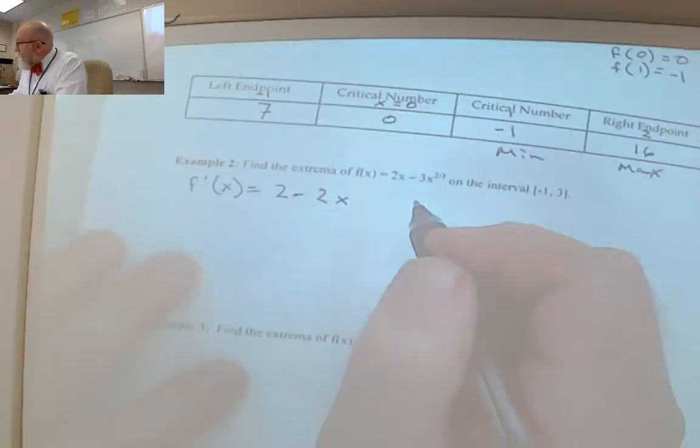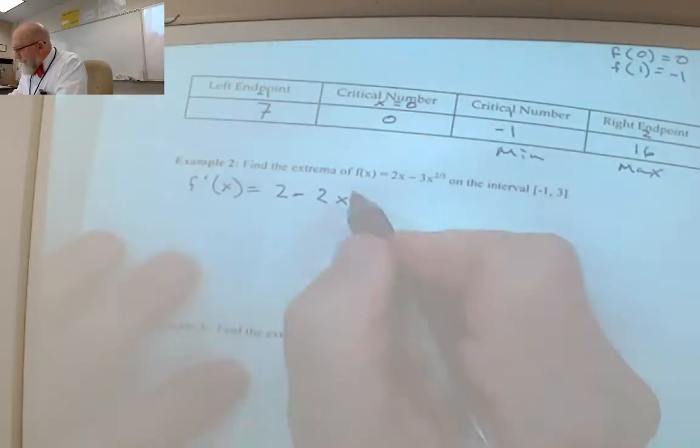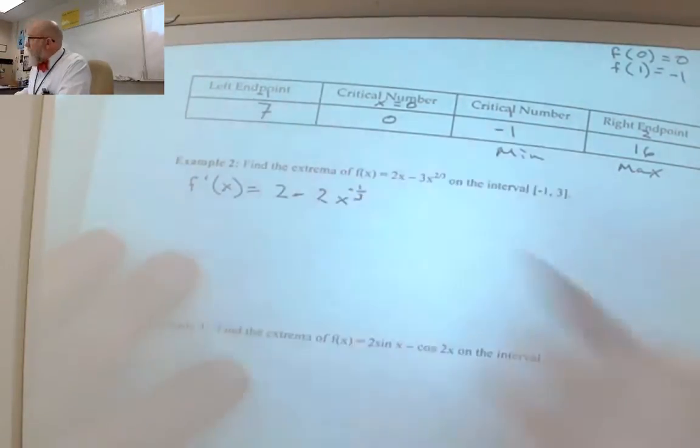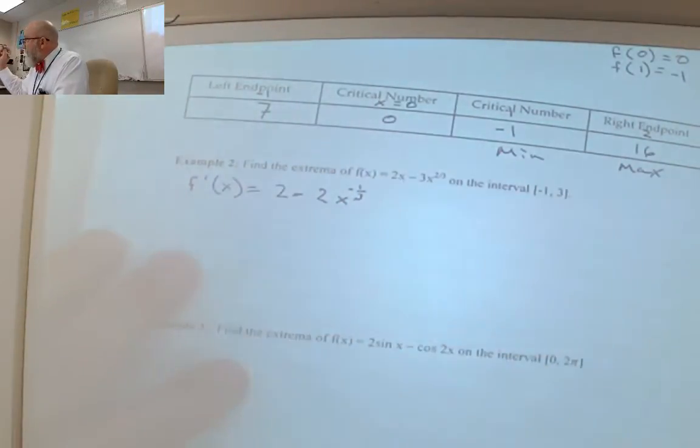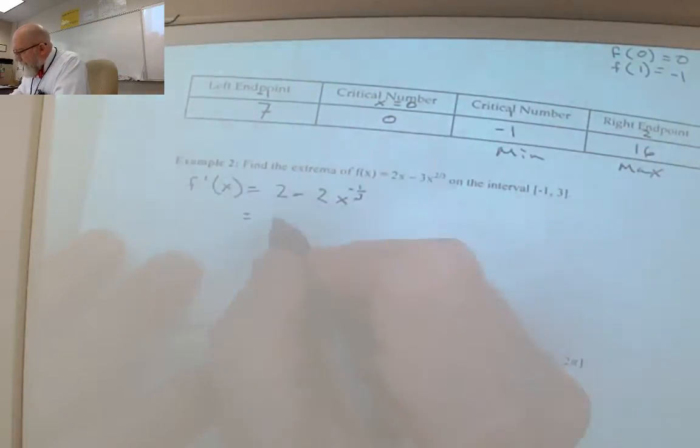To what power? Perfect. And I'm going to make that equal to what? 0. Well, I'm not going to yet. I'm going to talk about that in a second. So if I write this out, the derivative looks like this.